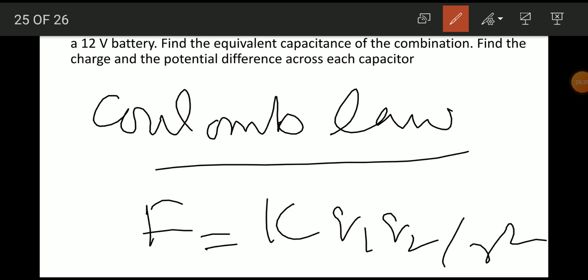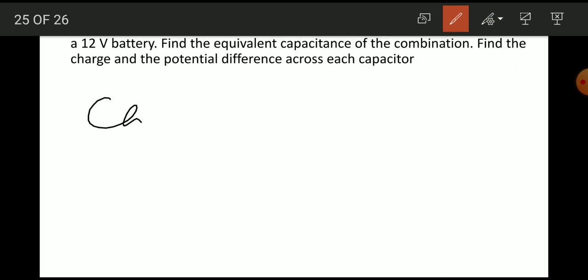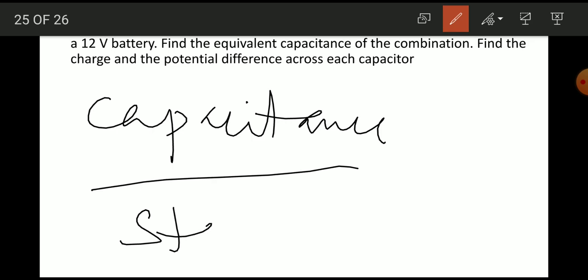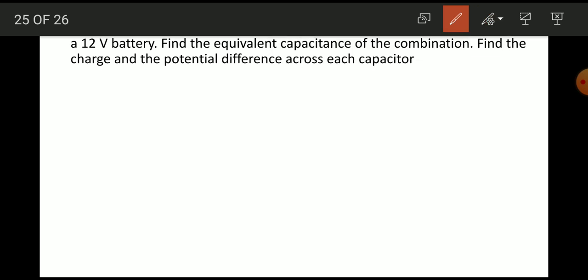Then we studied capacitance and capacitor. Capacitance is the ability of a capacitor to store charge. The unit of capacitance is farad.